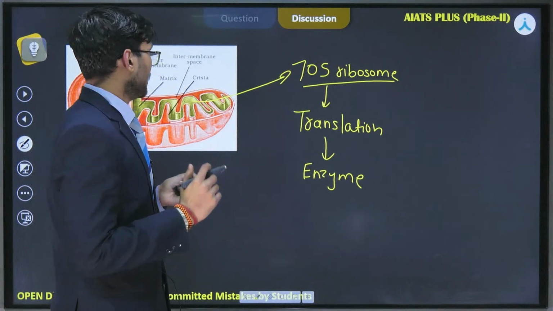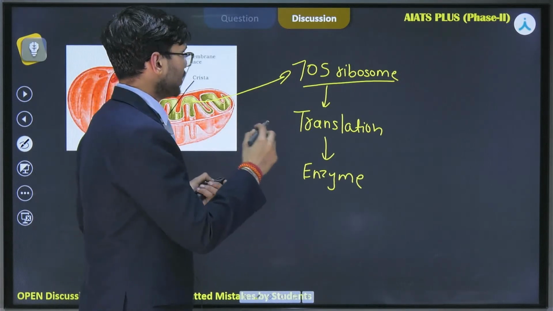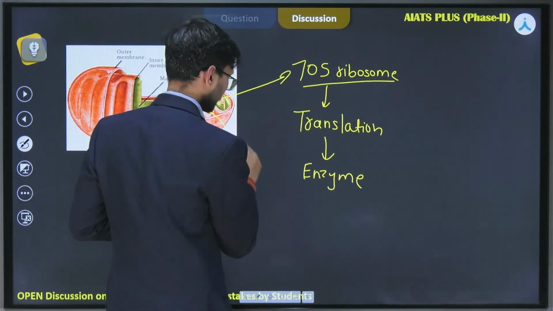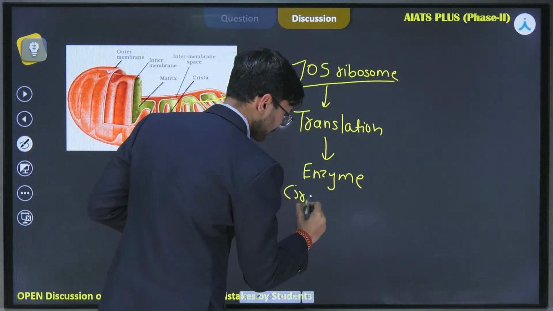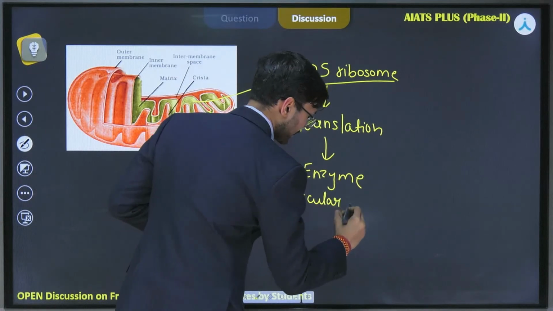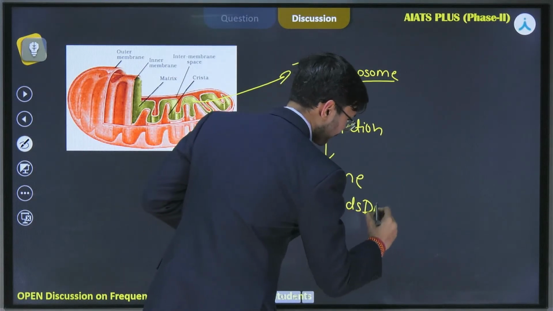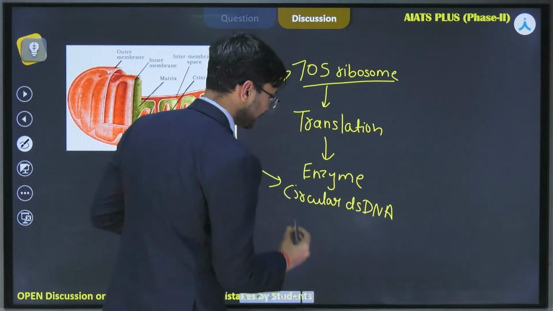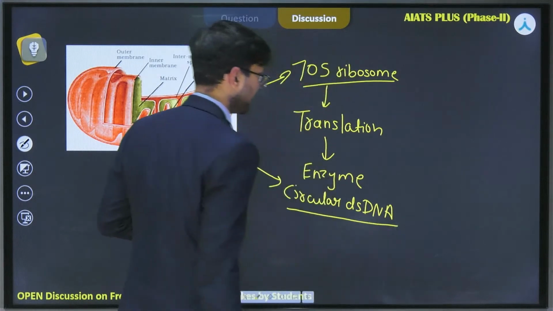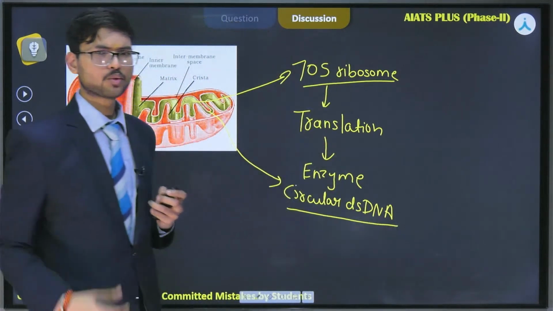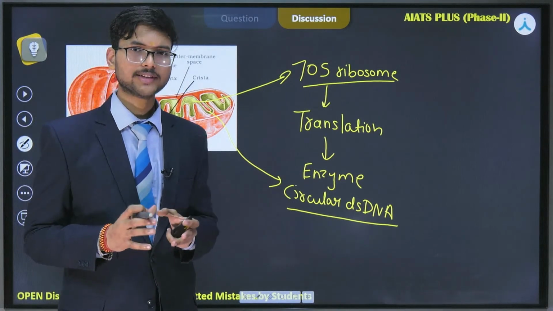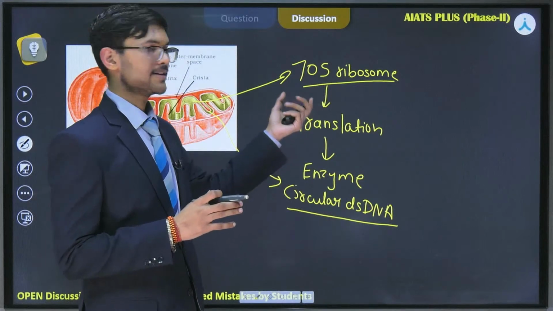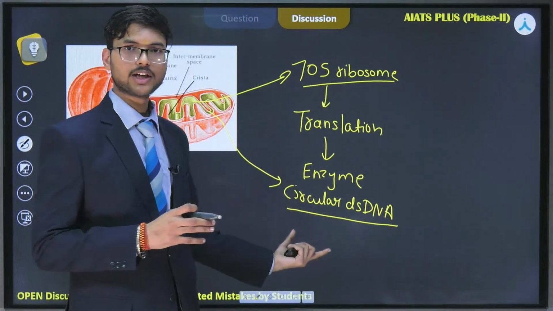Now, the matrix also contains circular double-stranded DNA. And this feature, circular double-stranded DNA and the presence of 70S ribosomes, is quite similar, right, if you consider the prokaryotic cell, because prokaryotic cells also have the same features, that is 70S ribosomes and circular double-stranded DNA.